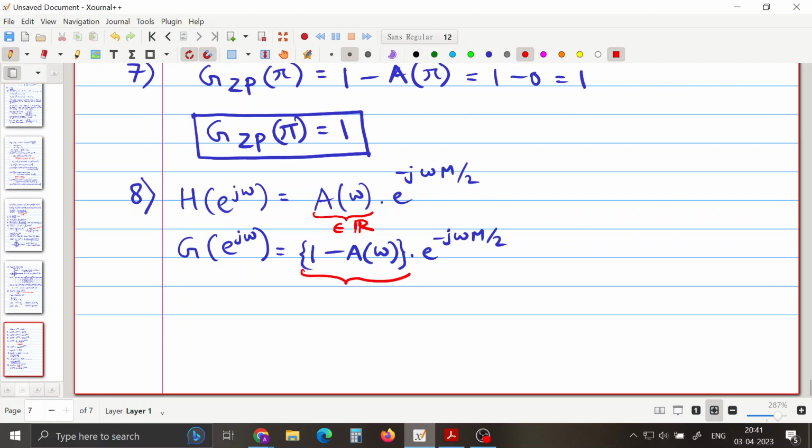Similarly, 1 minus a of omega should also be real. So it's a real value times e power j times continuous phase. And if you observe both these expressions for H of e power j omega and G of e power j omega, the continuous phase is equal for both, which is minus omega m by 2.